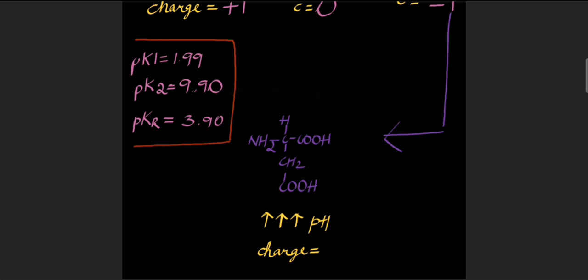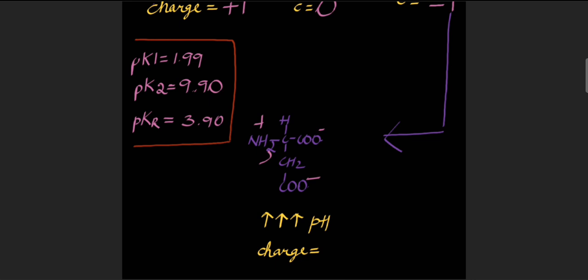So let us see now what happens when we take off the charge. This was negative, this was also negative. What about this one? This was NH3 plus, right? But now NH3 plus has also lost one hydrogen, because it has reached this pK2 point, right?